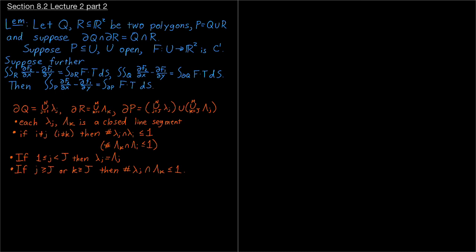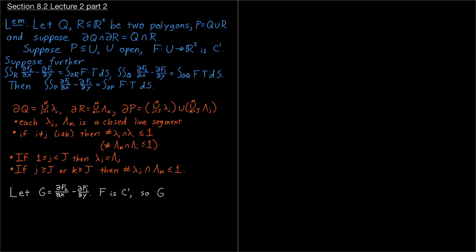So now that we know what the boundaries are, there isn't that much left of the proof. Let's let G be this thing we're integrating over all of our polygons, because I don't want to keep writing it out. And remember, F is C1, meaning its derivatives are continuous.